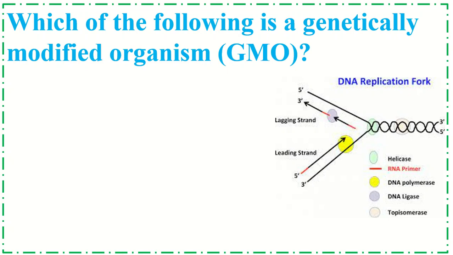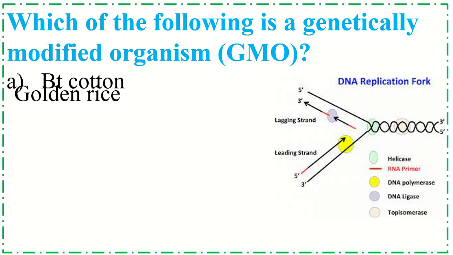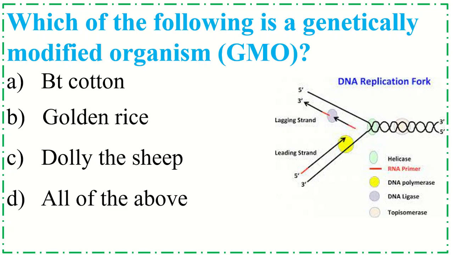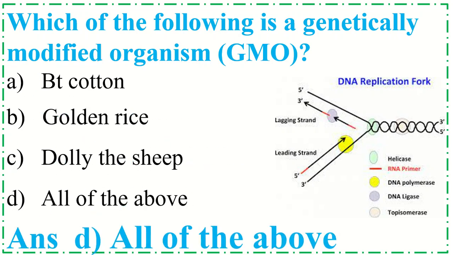Which of the following is a genetically modified organism, GMO? Option A Bt cotton, option B golden rice, option C Dolly the sheep, option D all of the above. So the correct option is D, all of the above.